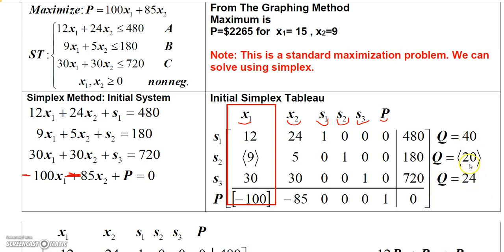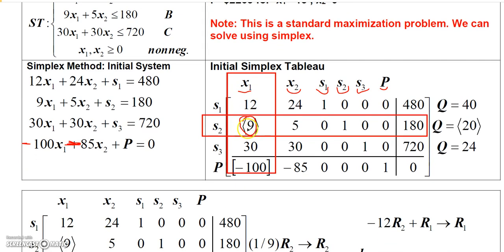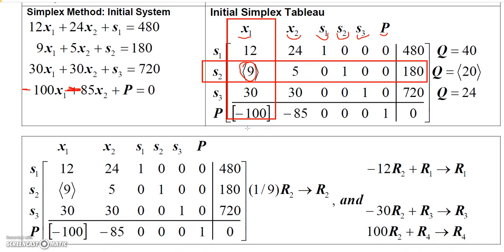So if I look at those three quotients, the smallest would be in the second row, so 20. That means I'm going to pivot where my first column intersects my second row. So that's going to be this 9 that you see right here. So I'm going to pivot on that 9.